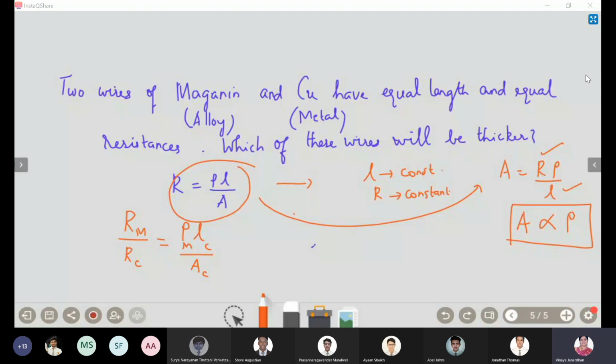Boys, the question is about the thickness. This is thickness, or area of cross section. So area of cross section is directly proportional to your resistivity.